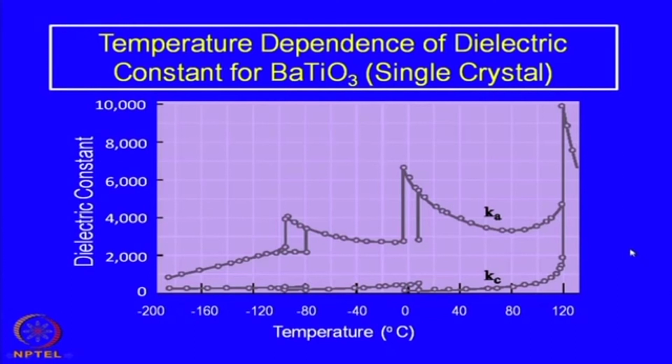This is the only Curie temperature, but wherever there is a crystallographic change you also get some discontinuity in the dielectric constant.